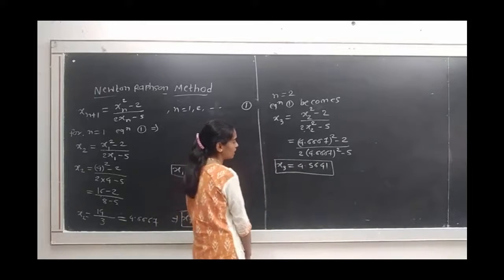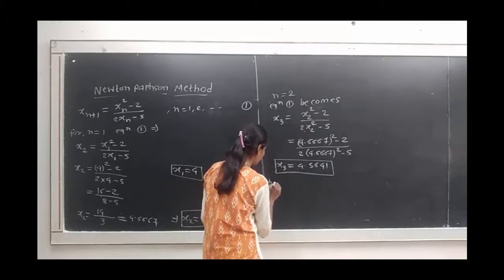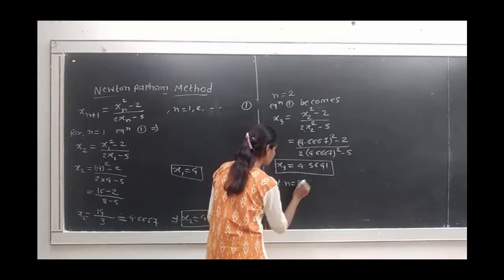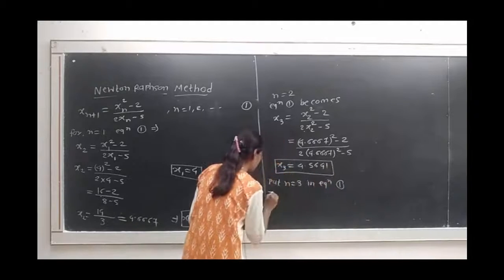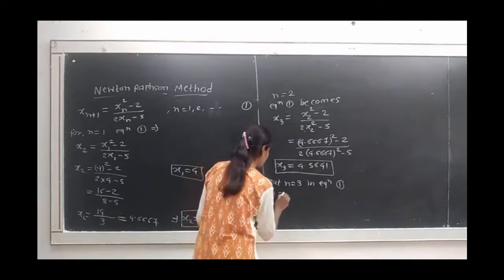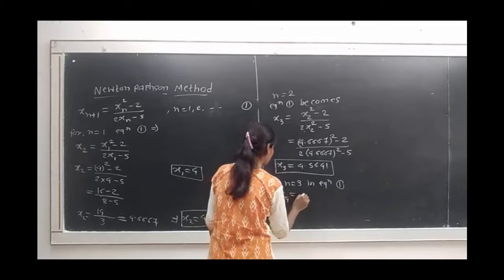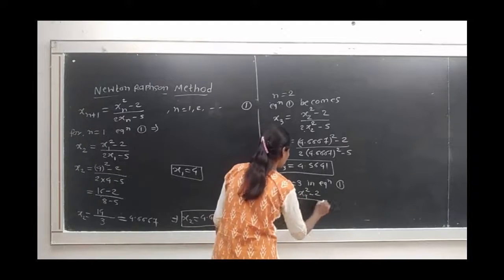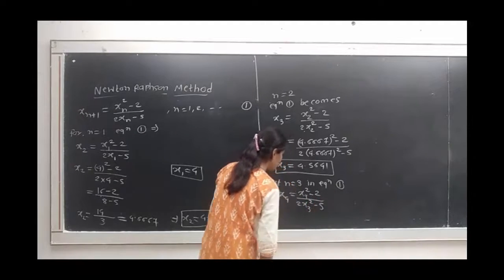Then again we find the next approximate root. For that, put n = 3 in equation number 1, then we get the next approximation, x4 = (x3 square minus 2) divided by (2 x3 square minus 5).